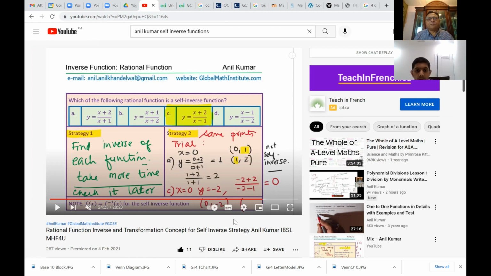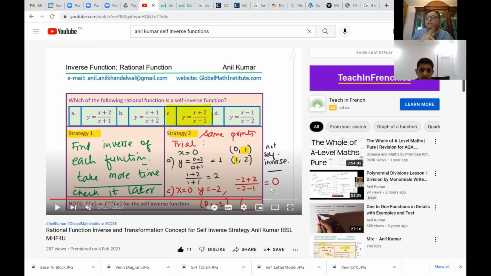Now with 0, in the second case, in part C, when I put 0, I get 2 over minus 1, which is minus 2, correct? Now, if I put minus 2 here, then what do I get? Substituting minus 2, I get 0. You get the idea? Getting back 0. So with 0, I got 2, and when I plug 2 in, I got 0.